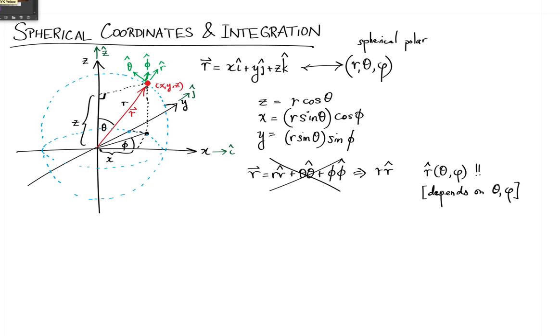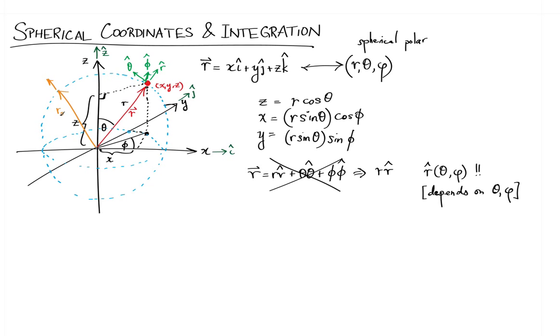And you can see this. If I changed my theta and phi, so if I define another position vector pointing out in this direction, r hat is always in the same direction.